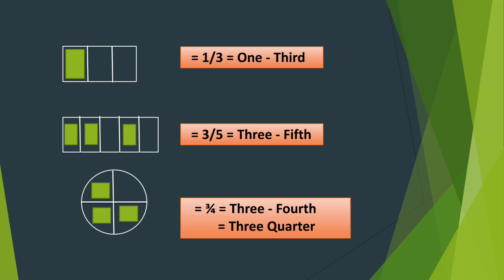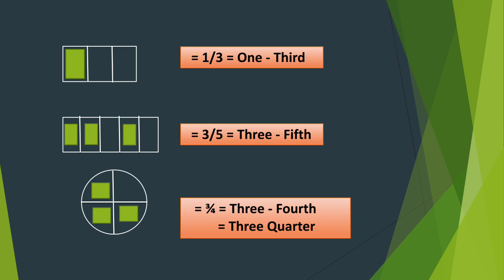Next, here you can see 5 equal parts with 3 green colored. Total is 5 and colored 3. So we can say 3 by 5, that is 3 fifth.